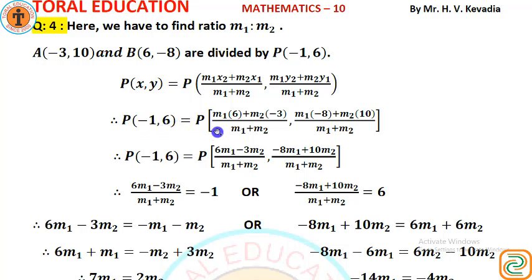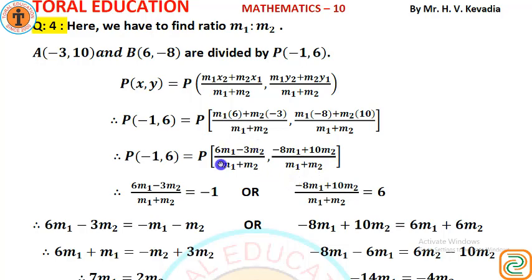Now we have put the values of x1, y1, x2, y2. By putting these values, we have got P (minus 1, 6) and P is (6m1 minus 3m2 upon m1 plus m2) and (minus 8m1 plus 10m2 upon m1 plus m2).